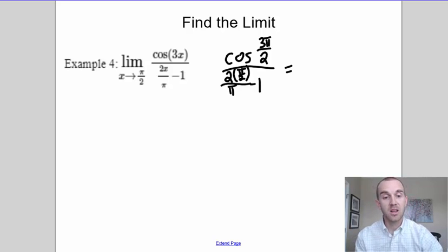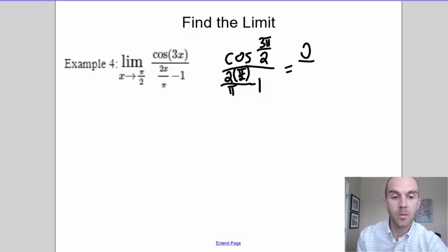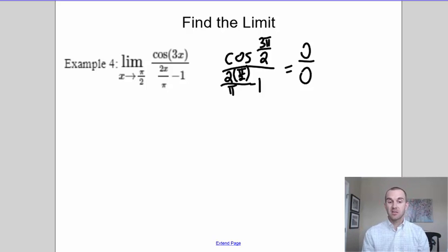So here I end up with cosine of 3 pi over 2 is 0. 2 times pi over 2 gives me pi. Pi over pi is 1. 1 minus 1 is 0. Again, 0 over 0 tells me I need to check L'Hopital's rule.